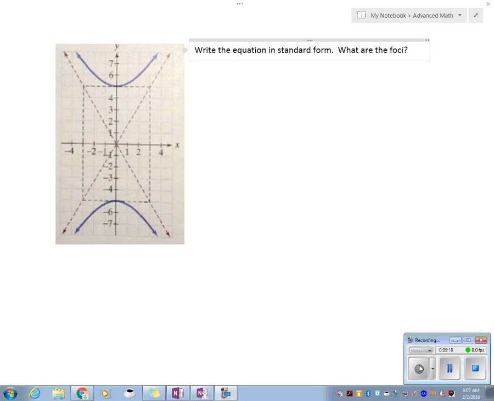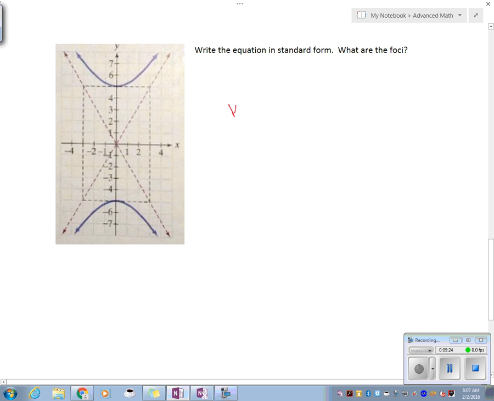And remember, this one has to be y squared minus x squared. How do I know that? Because it's opening up and down. So the y-axis has to be the transverse axis. Okay?